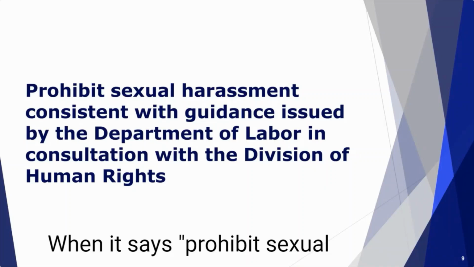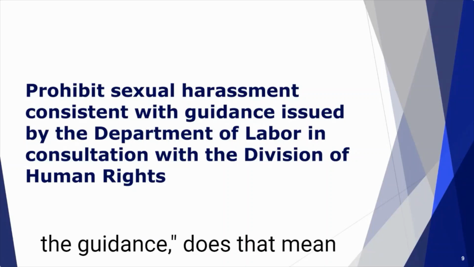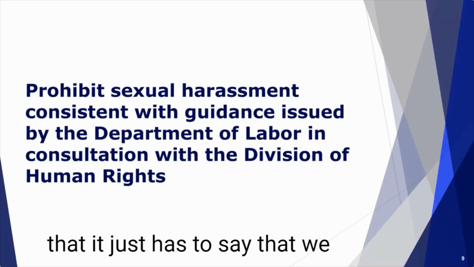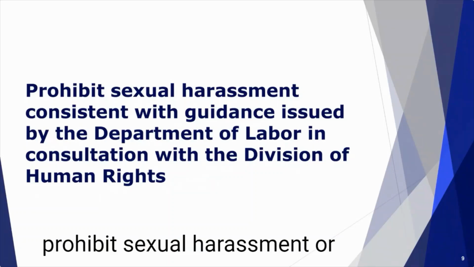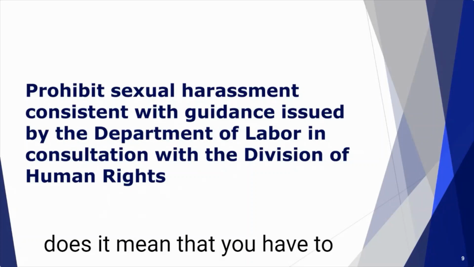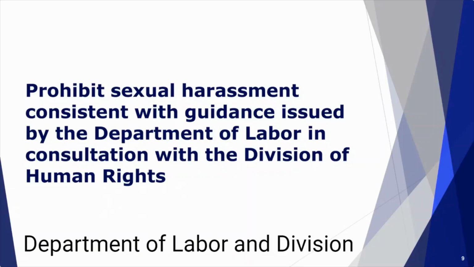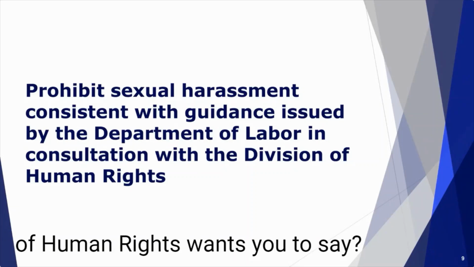When it says prohibit sexual harassment consistent with the guidance, does that mean that it just has to say that we prohibit sexual harassment, or does it mean that you have to say everything else that the Department of Labor and Division of Human Rights want you to say?